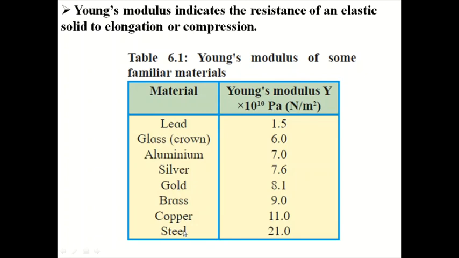We will take some examples: copper is 11 and gold is 8.1, in pascals. This means copper takes more force, more tensile stress, for the same strain.